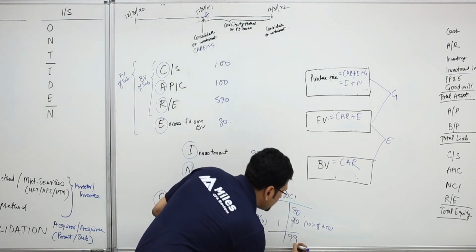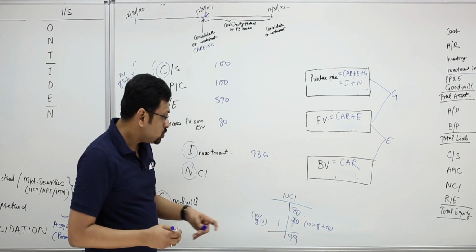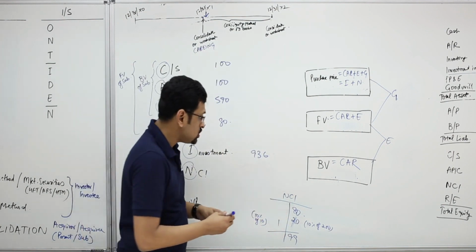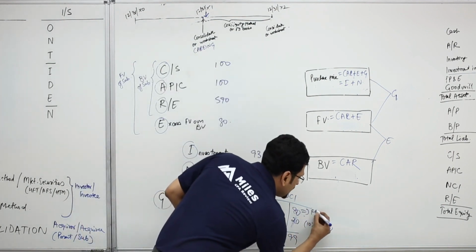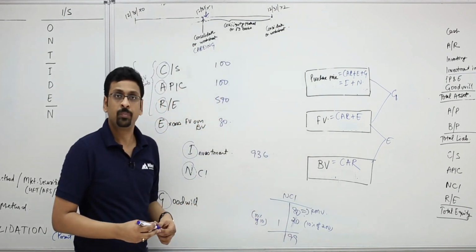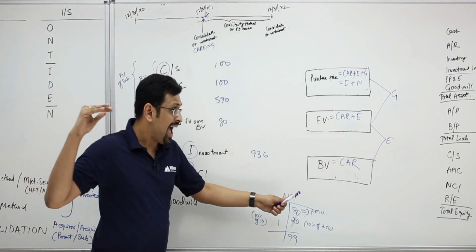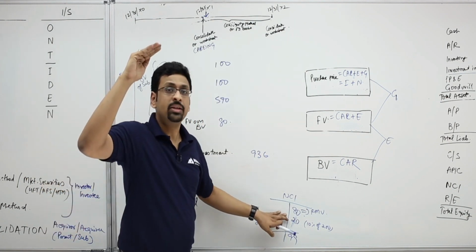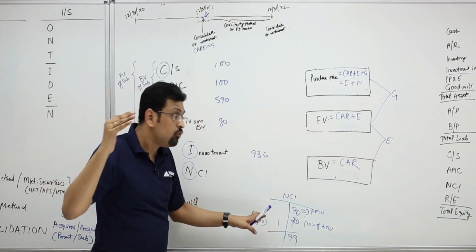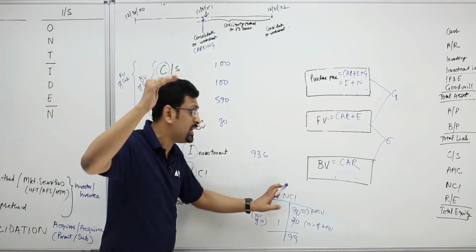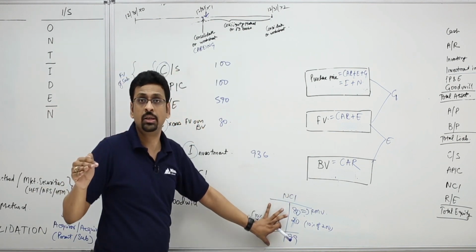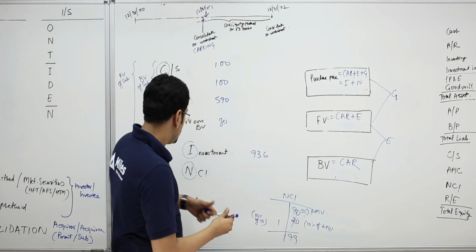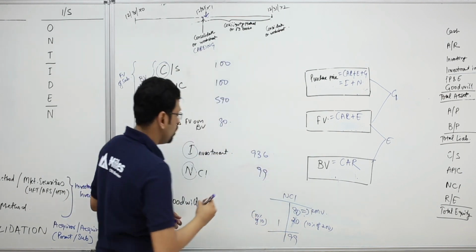What's the net at year end? 99. So 80 was what we started with, the fair market value at acquisition. During the year, as the subsidiary earned, non-controlling interest went up. Subsidiary paid out dividends, it went down. So we're following something similar to the equity method for non-controlling interest, guys. Now they are at 99. So 99 is the number that you want to have here.